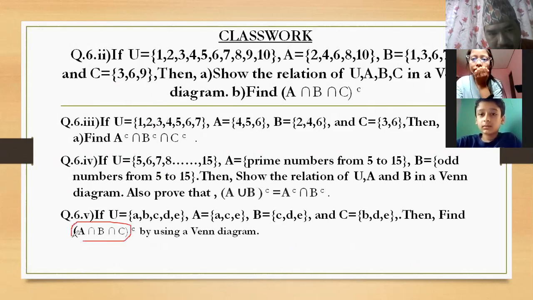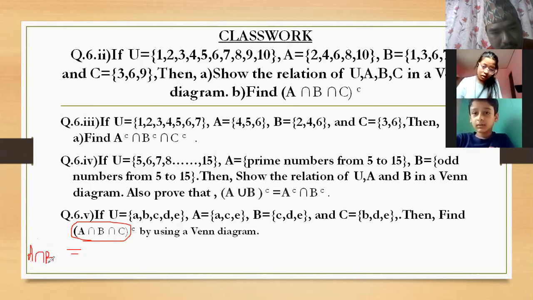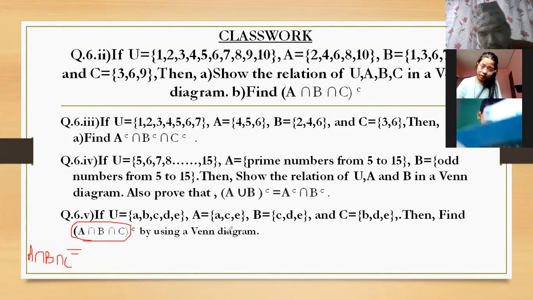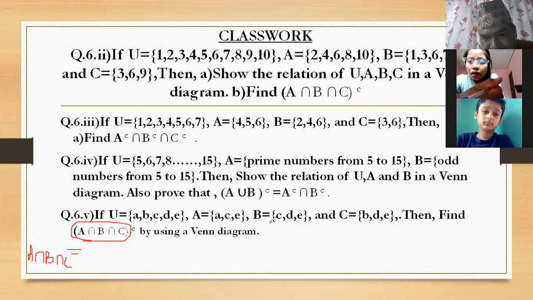What is common in all this one? A intersection B intersection C. Can you tell? What will be its answer? What is common of A, B, C here?